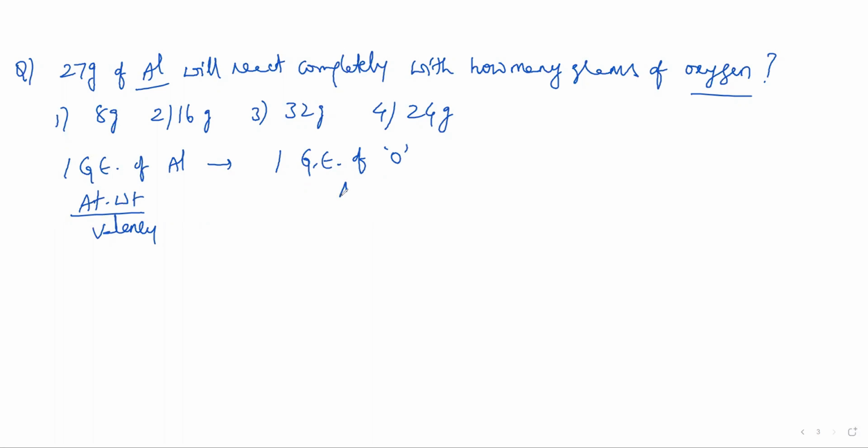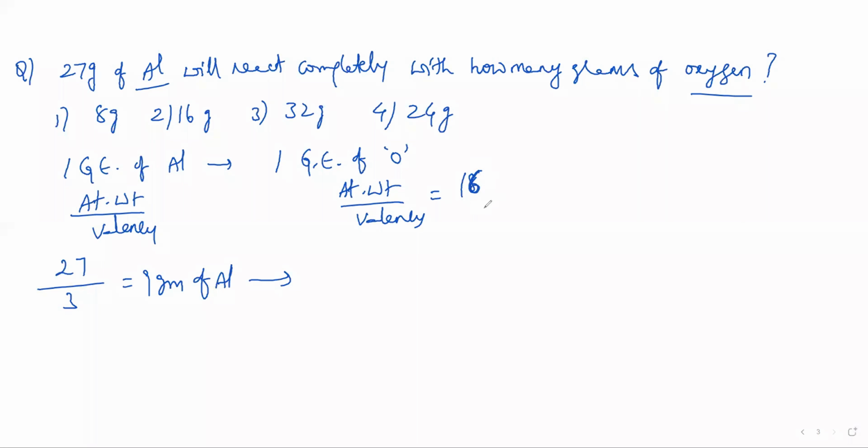Once again, I'm just reminding you: atomic weight of oxygen by valency. What is the atomic weight of aluminum? 27 by valency 3. So that is 9 grams of aluminum, which completely reacts with the atomic weight of oxygen, 16 by 2. That is 8 grams. So 9 grams of aluminum completely reacts with 8 grams of oxygen.